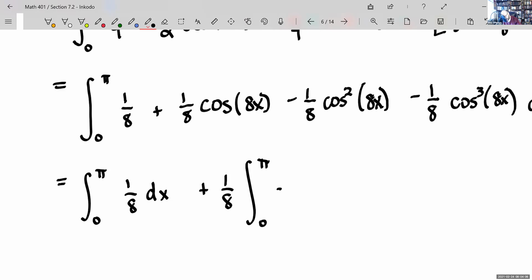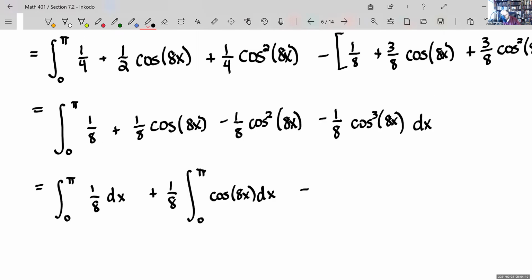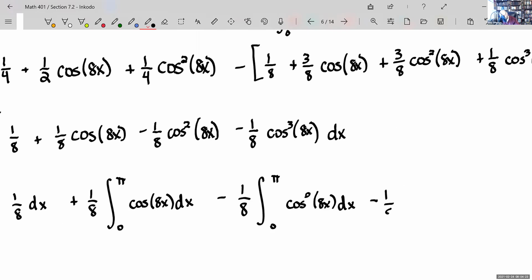The fun's going to happen in a moment. Minus 1/8 integral from 0 to pi of cosine squared 8x dx. And the last one, minus 1/8 integral cosine cubed of 8x dx from 0 to pi.